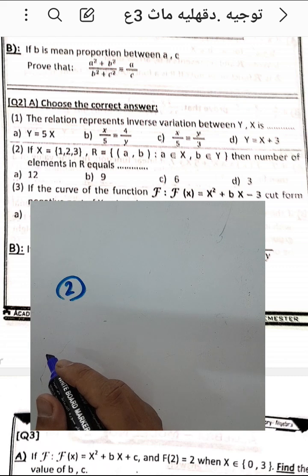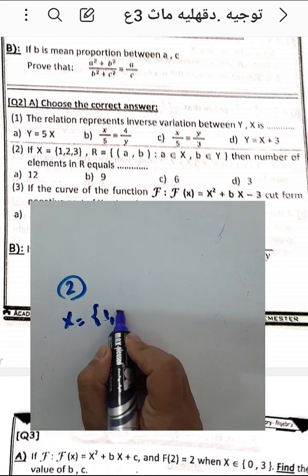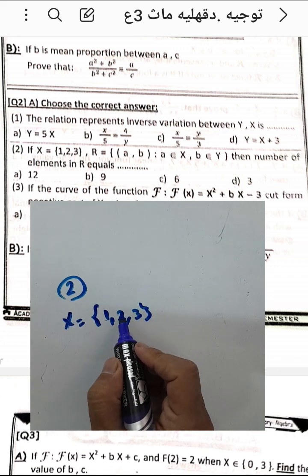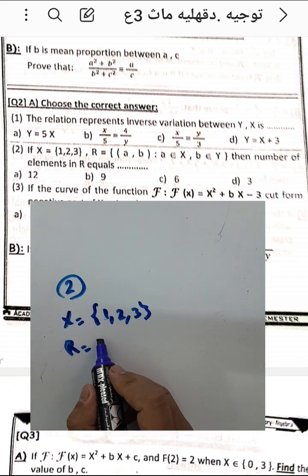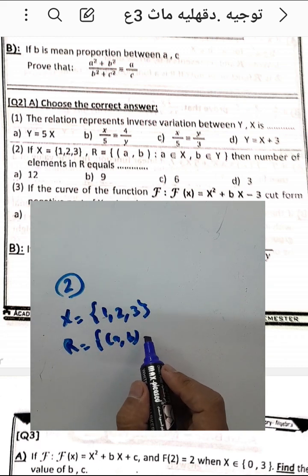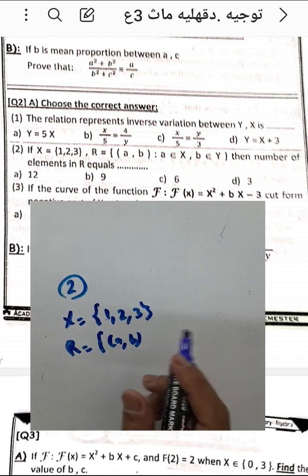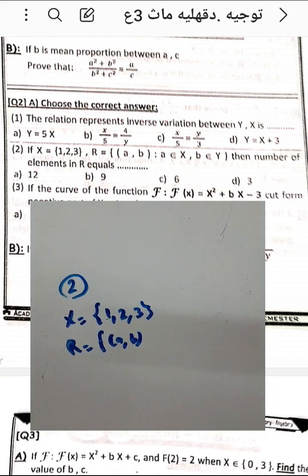You want to find the number of elements in R. Okay, the relation between a and b, x was equal 1, 2, and 3, meaning a belonging to x and b belonging to y. How many elements in R here?